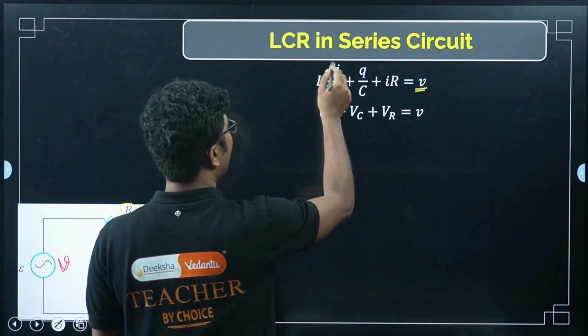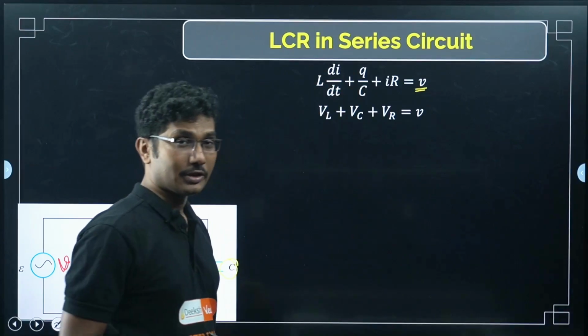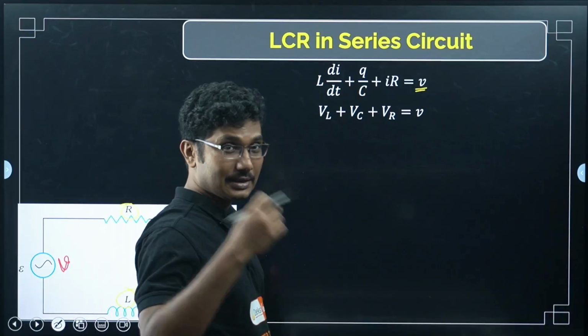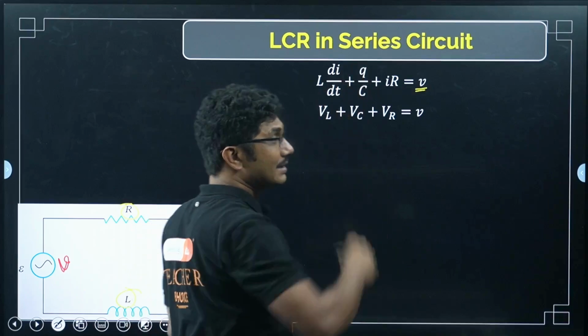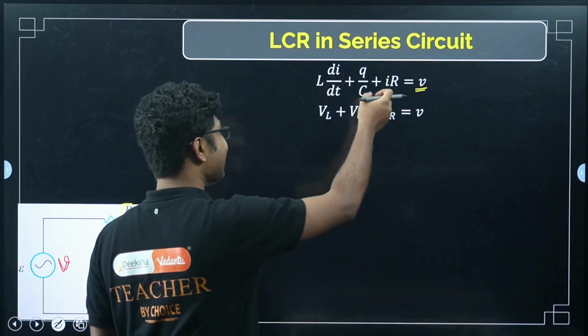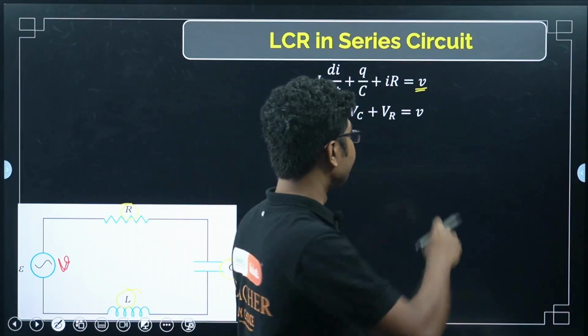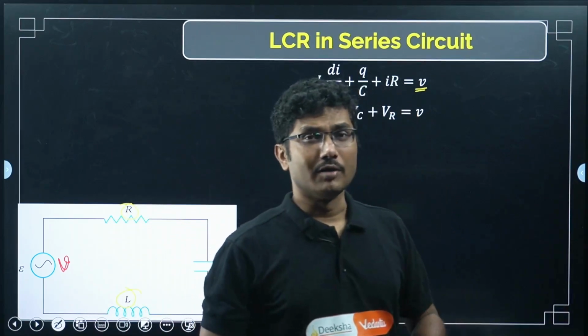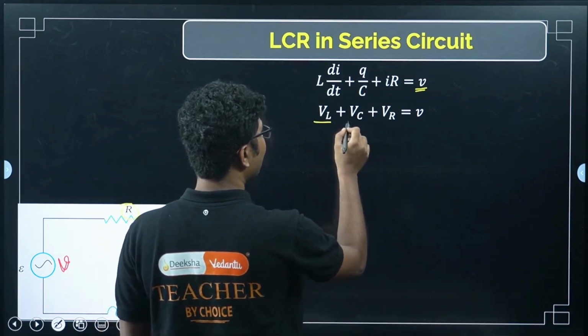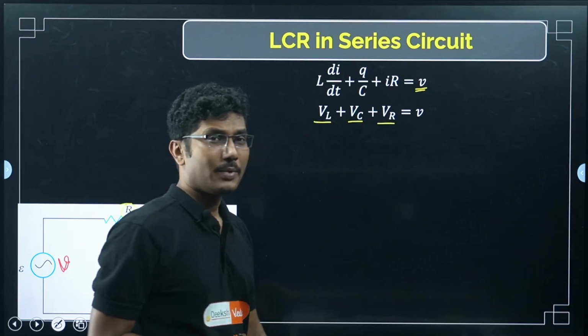The potential drop across the inductance is L di by dt, that is the induced EMF. Q by C, where Q is equal to CV, is the potential across the capacitance, and IR is the voltage drop across the resistance. In other words, we can write VL plus VC plus VR is equal to v.